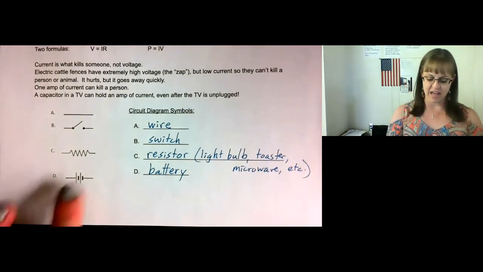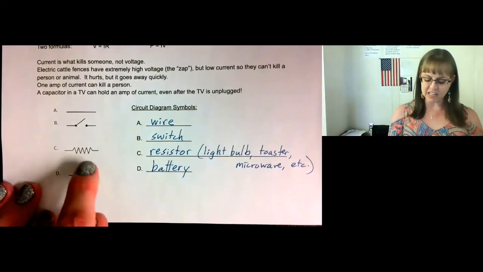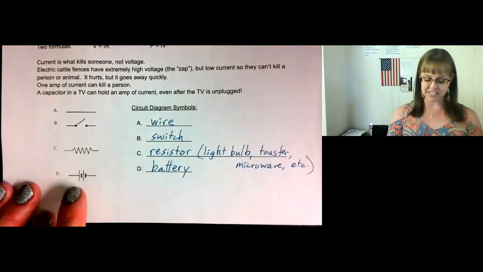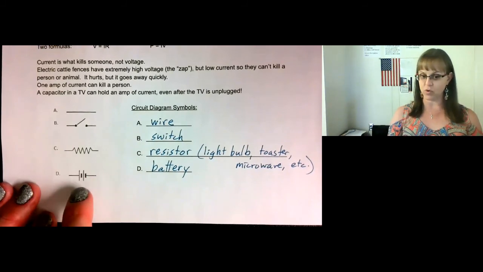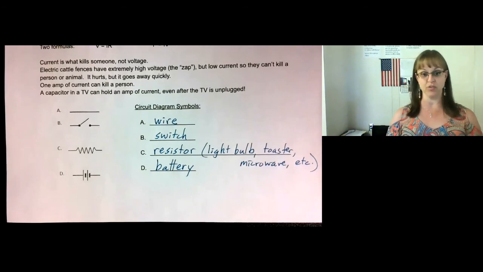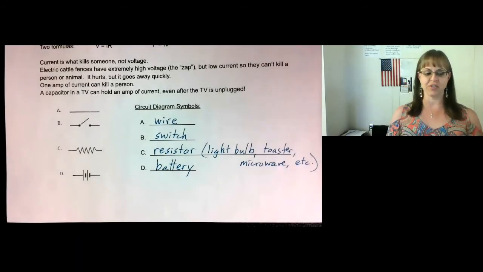And finally, a little long line, short line is a battery. That can be a set of one long and one short line, 2, 3, 4, however many long and short lines you want. It's still a battery. Technically, just one long and short line is a cell.